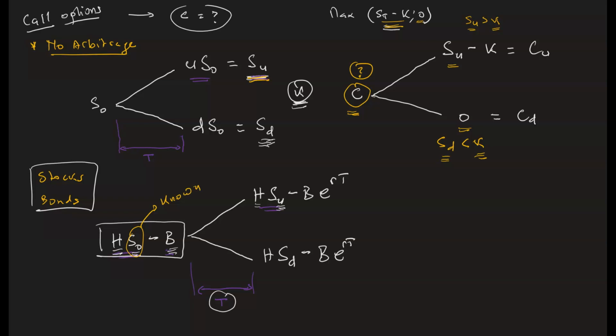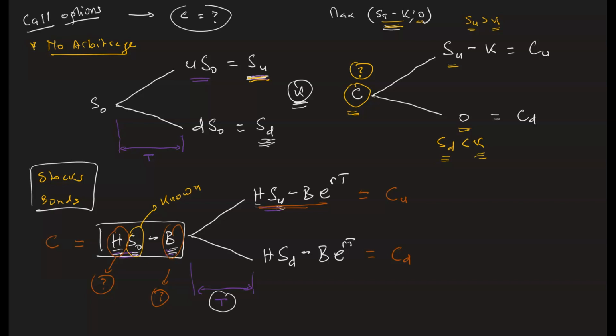If we can find H and B so that the future value of the portfolio is exactly equal to call up and call down, then this portfolio here is going to be equal to C.